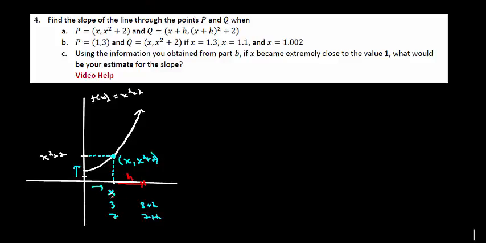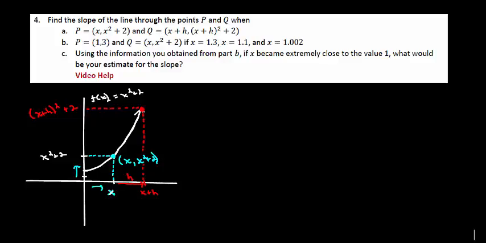So if this is x, then I move over to x plus h. Then x plus h also has a height value associated with it, and it falls on the curve up here. Its height is x plus h squared plus 2. It's the function evaluated at x plus h.